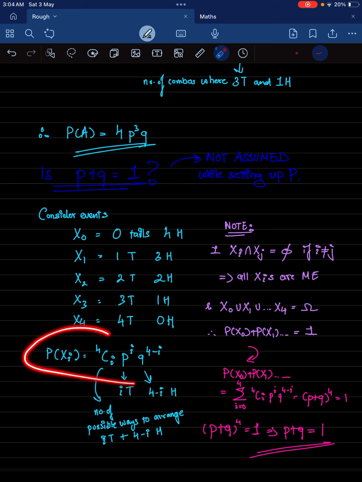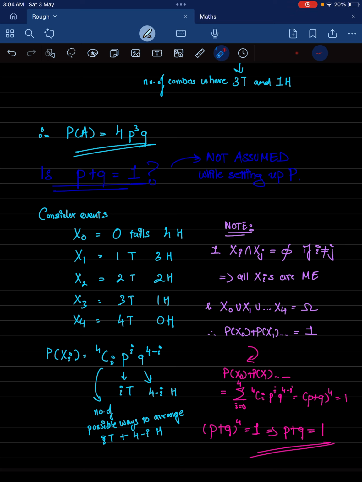And so for each generic event xi, this is the probability. Now if I add all of these probabilities, i equal to 0, 1, 2, 3, 4, if I consider all these events, adding their probabilities, I'll get a binomial series. Okay, pause and ponder upon that. I'll get a binomial series with p plus q raised to 4, and that is equal to 1.